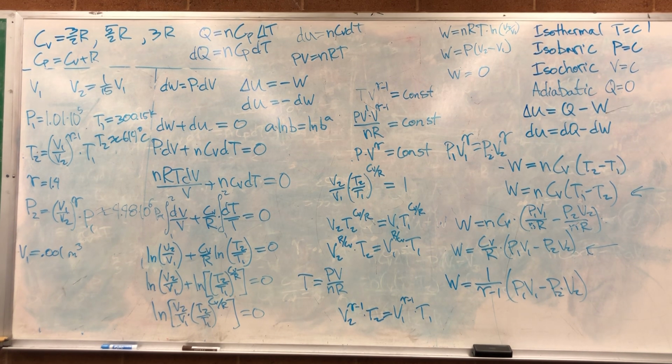So we have 1 divided by 0.4 times P1, which is 1.01 times 10 to the 5, times V1, which is 0.001, minus P2.